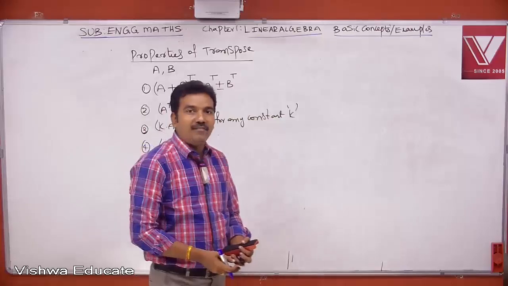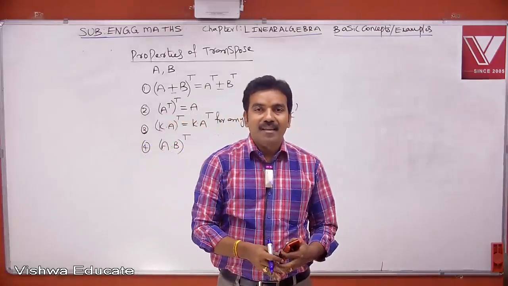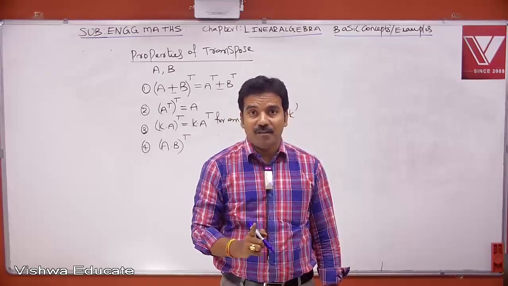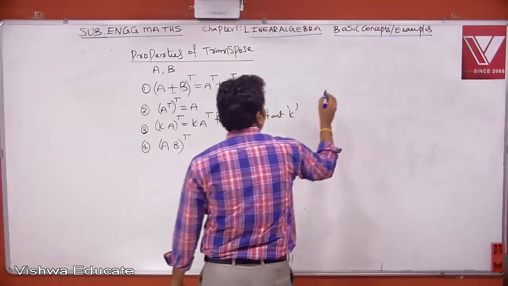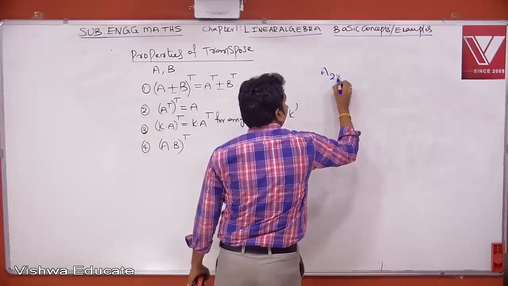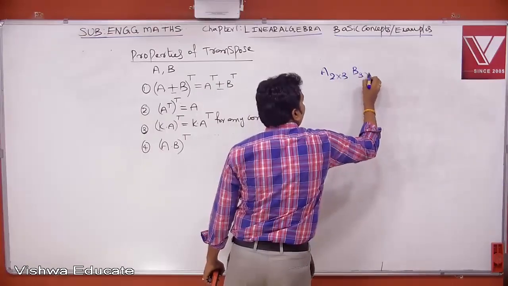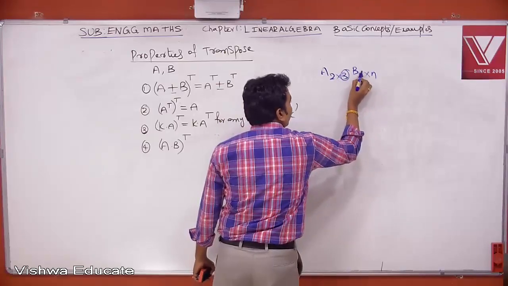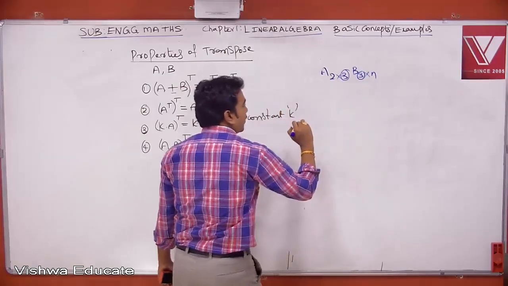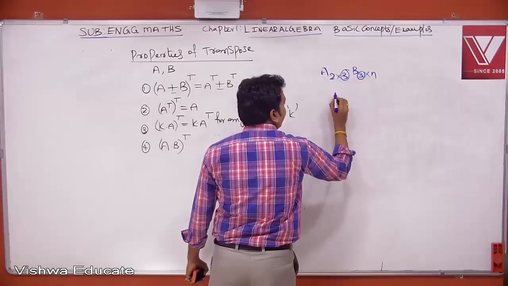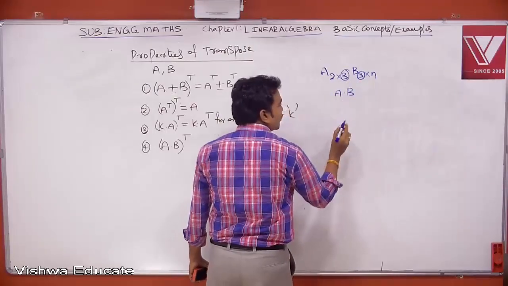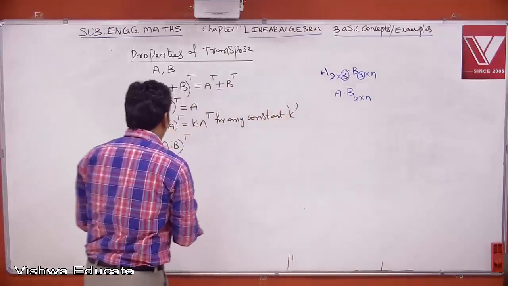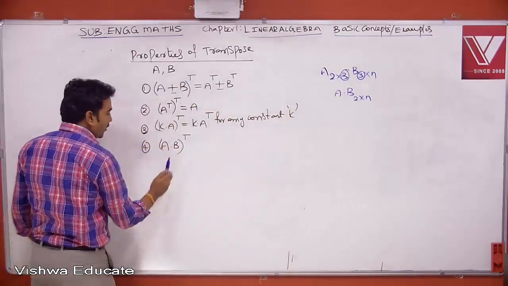So, if you want to multiply A with B in the direction A into B, then the number of columns in A must be the same as the number of rows in the second matrix B. Suppose the size of A is 2 by 3, then the size of B must be 3 cross, for example, n. So, the number of columns in the first matrix must match the number of rows in the second matrix. Then the size of AB becomes 2 cross n. It's a fundamental basic.